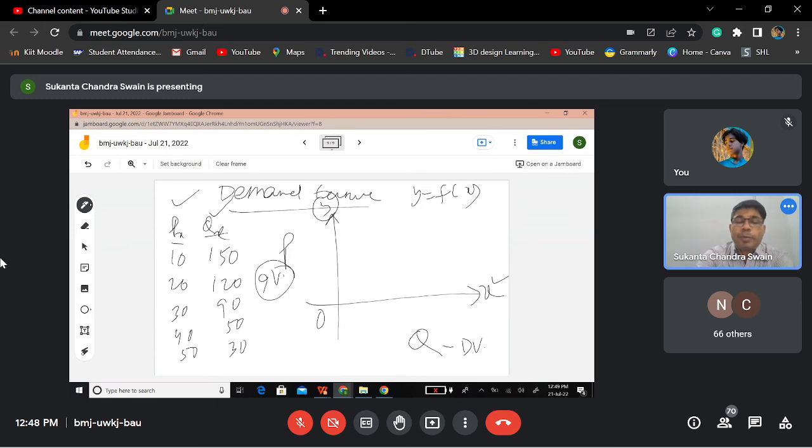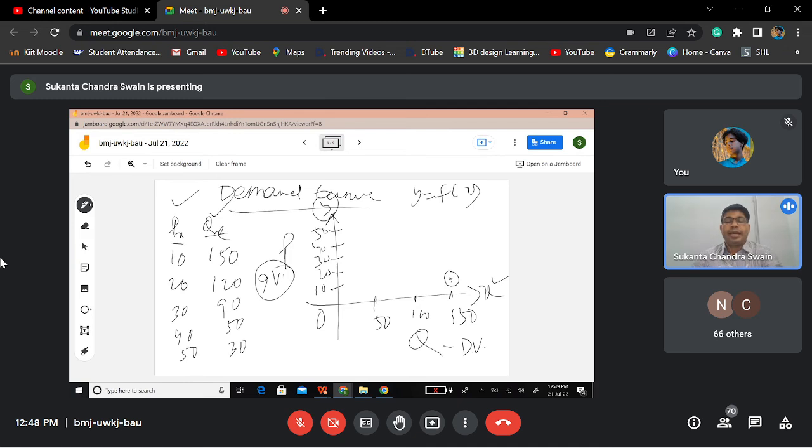So price is from 10 to 50: 10, 20, 30, 40, 50, and demand is from 30 to 150. You can write here 50, here 100, here 150. Okay, so the first combination is 10 and 150, so it will be here.